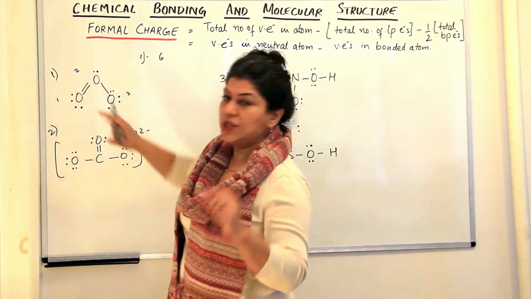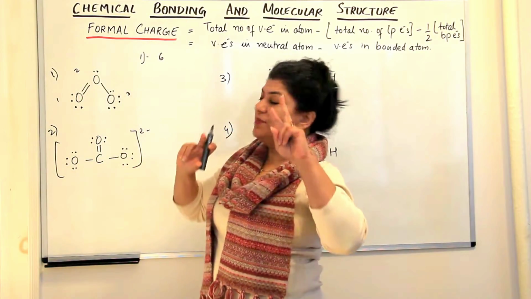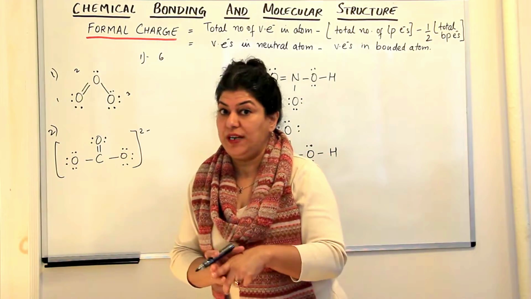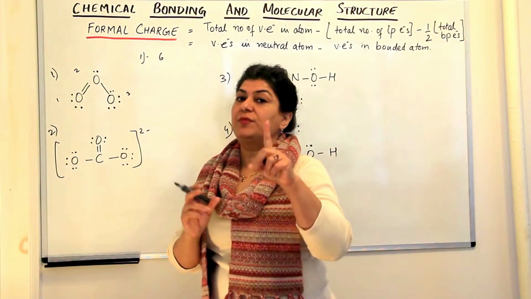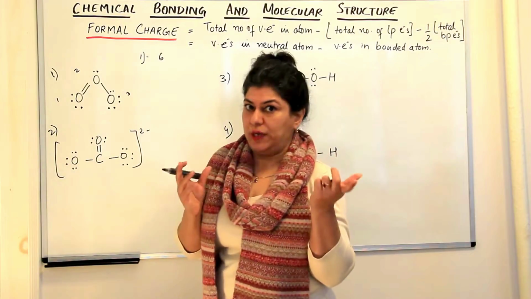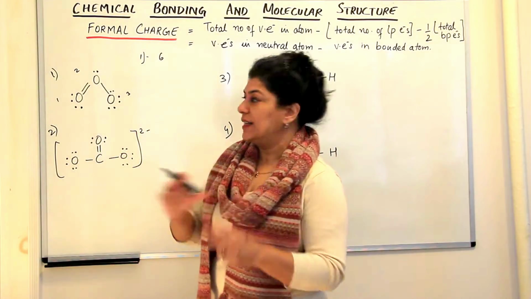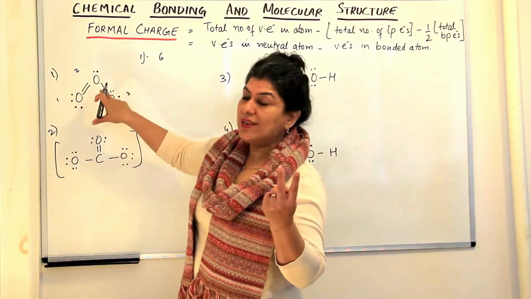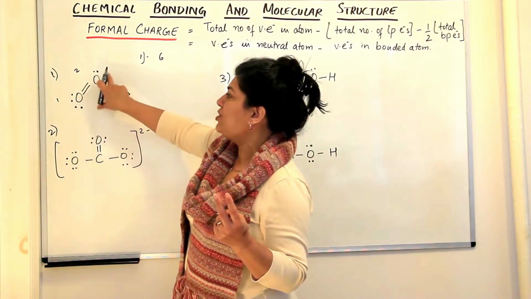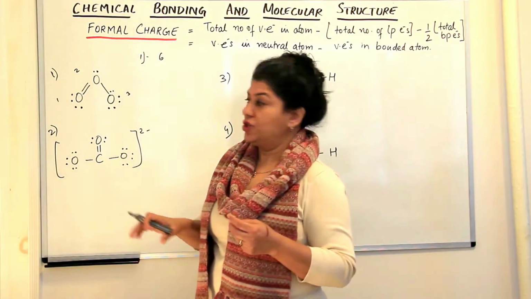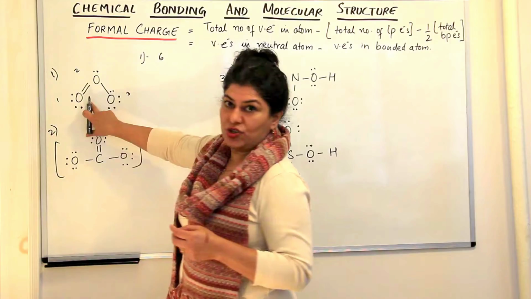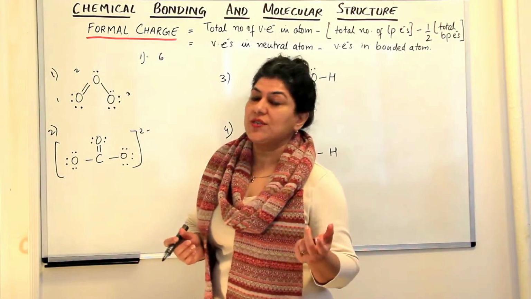Any single covalent bond is made up of 2 electrons, and since both atoms are contributing 1 electron each, 1 electron should belong to each atom. So we count only that electron. Since there are 2 bonds here, there should be 2 electrons belonging to this oxygen and 2 electrons belonging to this oxygen. So what would the number be? It would be 6 minus 4 minus 2, which makes it 6 minus 6, which is 0.